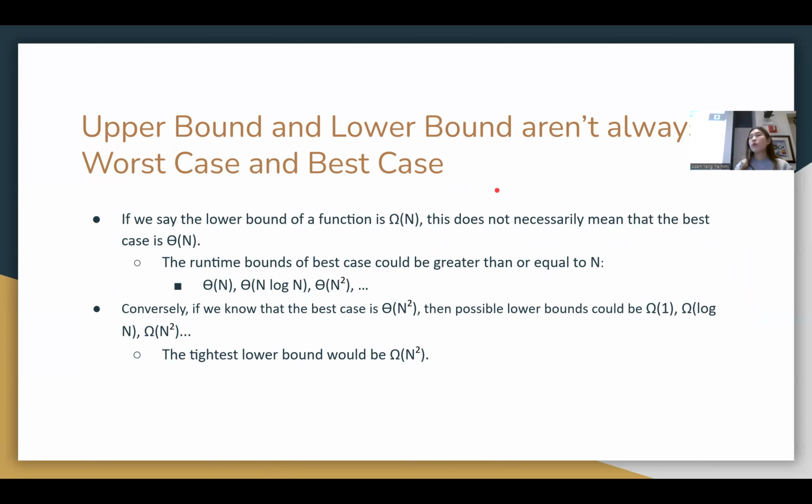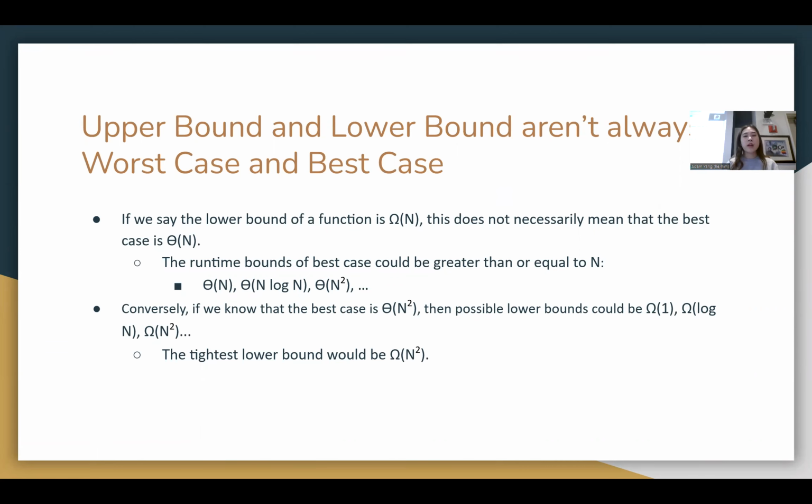And so upper bound does not necessarily mean the worst case, and lower bound does not necessarily mean the best case. Let's say the lower bound of the function is big omega n. That does not necessarily mean our best case is theta n, because the runtime of the best case can be larger than the lower bound, such as theta n log n or theta n squared, even though the lower bound of the function is big omega n.